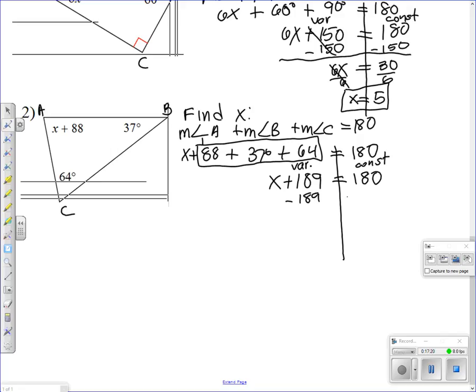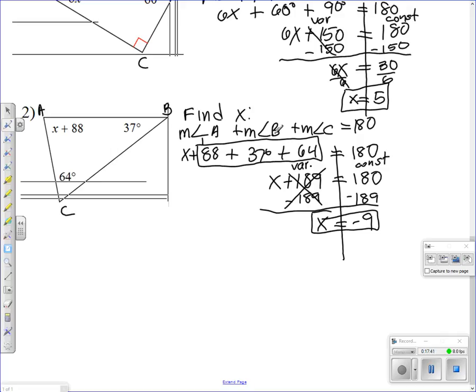When you do it to one side, you do it to the other. Now these will cancel because they're opposites. So you have x is equal to 180 minus 189, which will give you negative 9. And that is your answer.